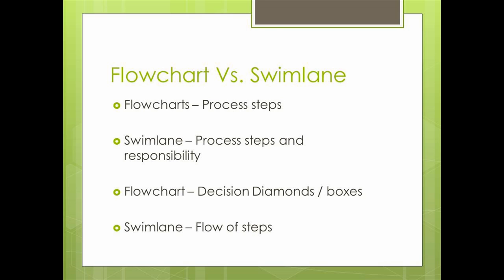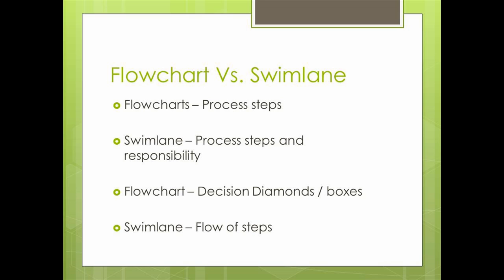The second fundamental difference between the flowchart and the swimlane is how these two visualizations handle decisions. Usually, the swimlane diagram does not have decision diamonds. However, a process flowchart has decision diamonds.